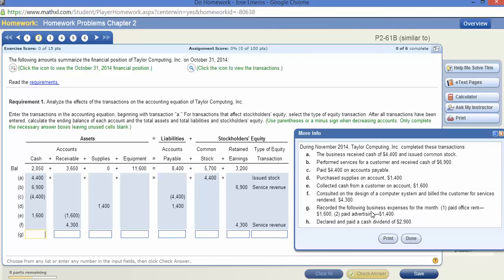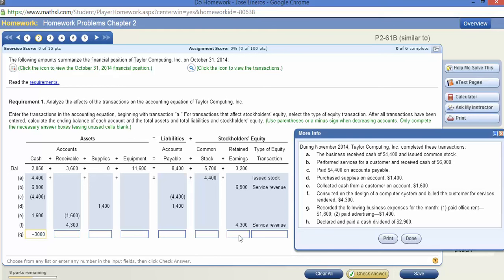On G, recorded the following business expenses for the month. Well, we paid office rent of $1,600 and we paid advertising of $1,400. Well, that means cash is going to drop by $3,000. So that's kind of a negative. In addition to paying that amount, we're going to see the other side of the equation line up as expenses.